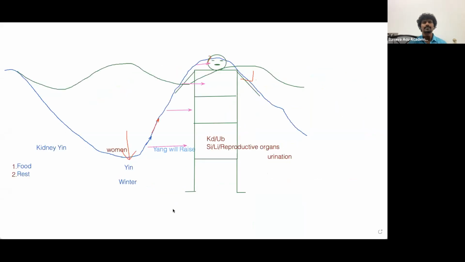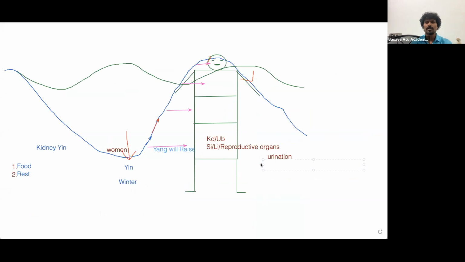You can raise kidney humidity so that kidney yin goes down, and the yang will rise up. So all urination you can treat with kidney yang.